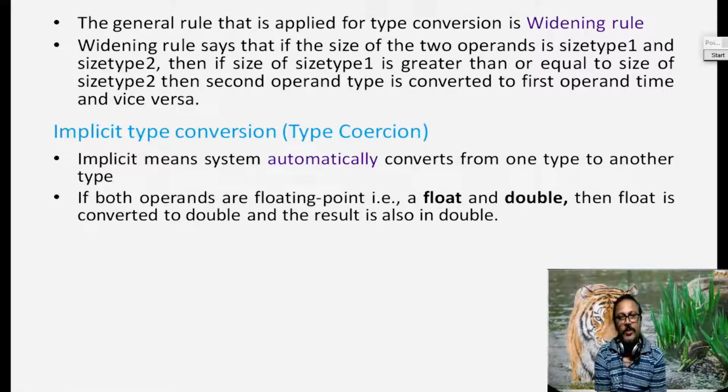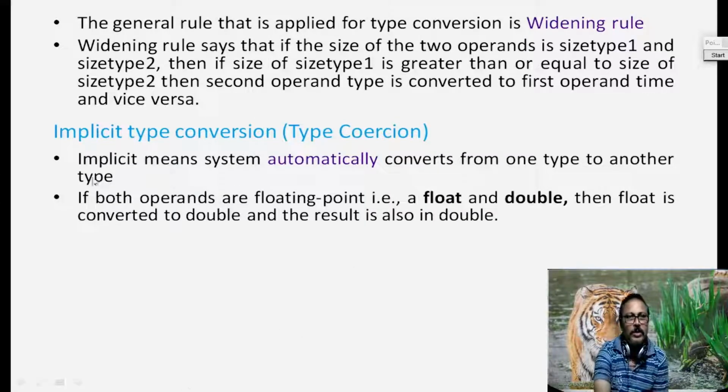The general rule, before we get into the type conversion procedures, is to use the widening rule. There are two rules actually, widening rule and narrowing rule. The highly recommended one is to follow the widening rule.